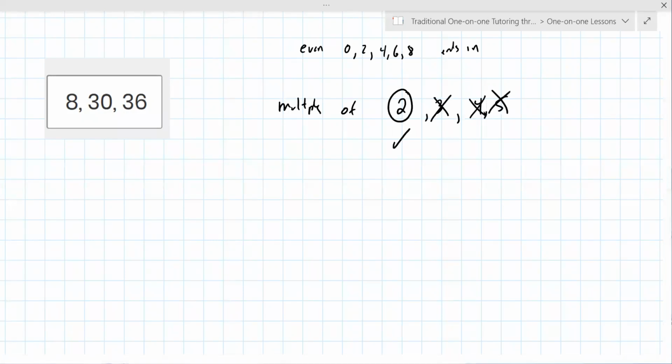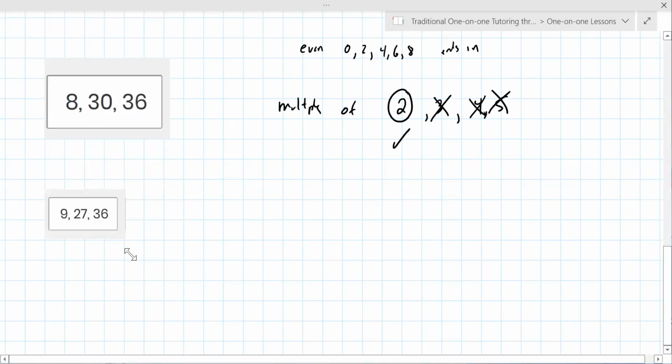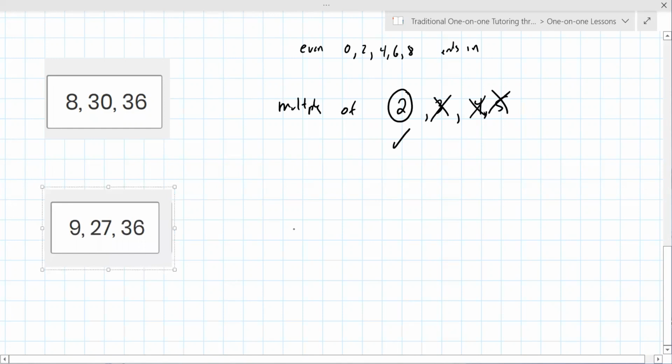All right, let's try another one here. Let's look at these 3 numbers here. And you want to decide if these are a multiple of 2, 3, 4, or 5, or more than 1.